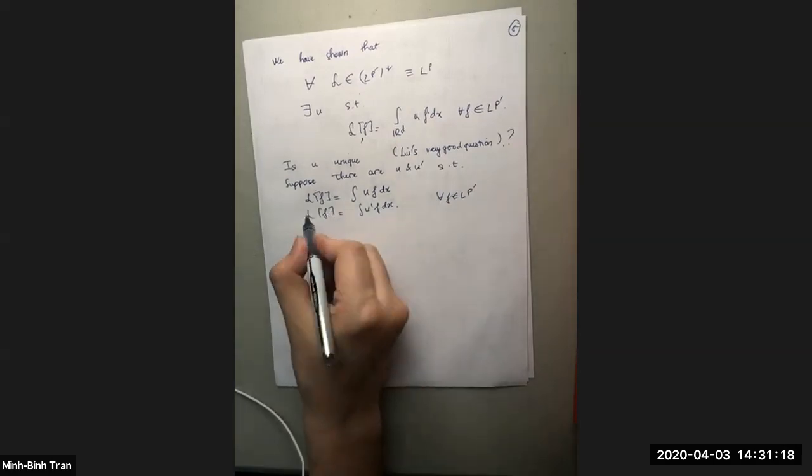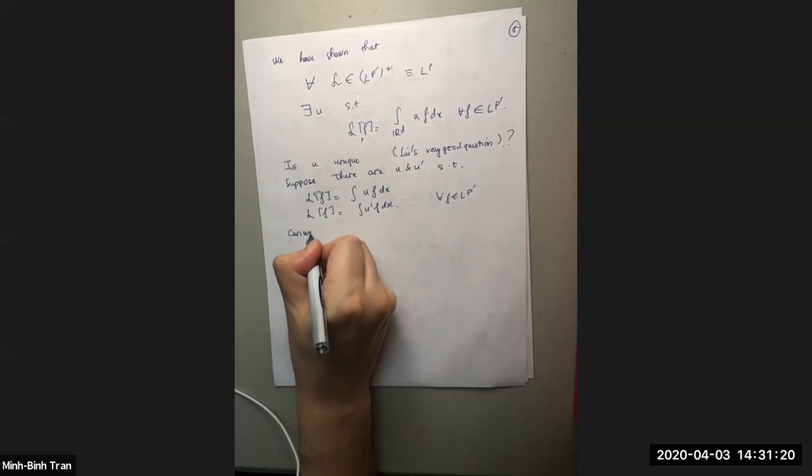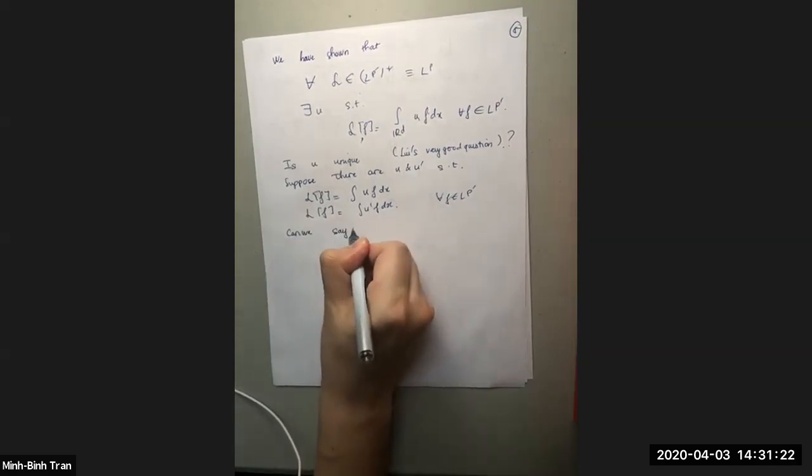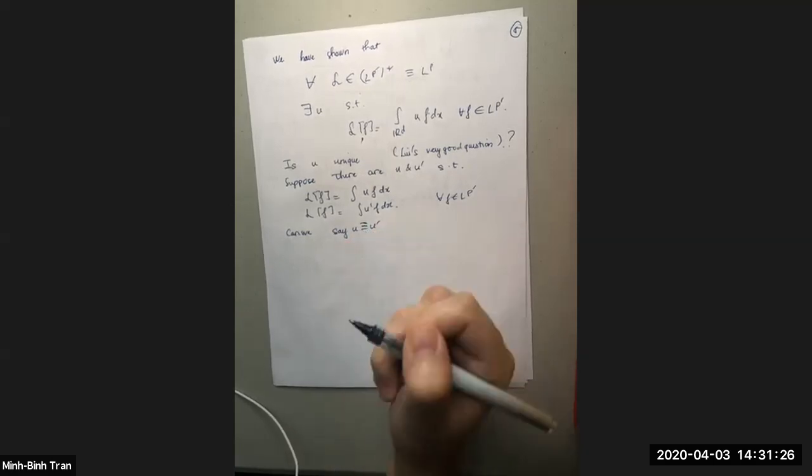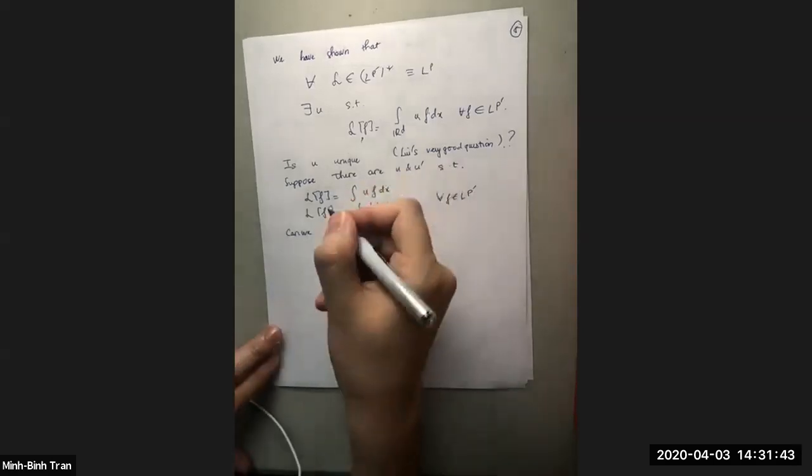Can we say that U and U prime are the same? Yes, almost surely. Why? The same idea that proves the two spaces are the same.